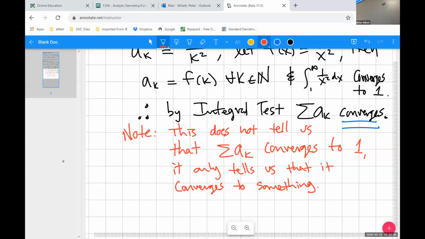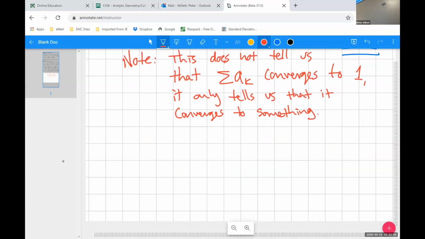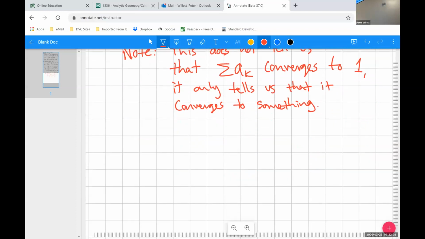Okay, so let's maybe try to do another example of the integral test. This is example 2 in the book, which is on page 631.